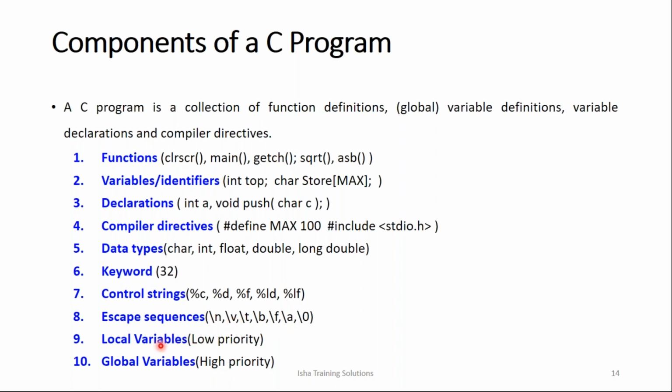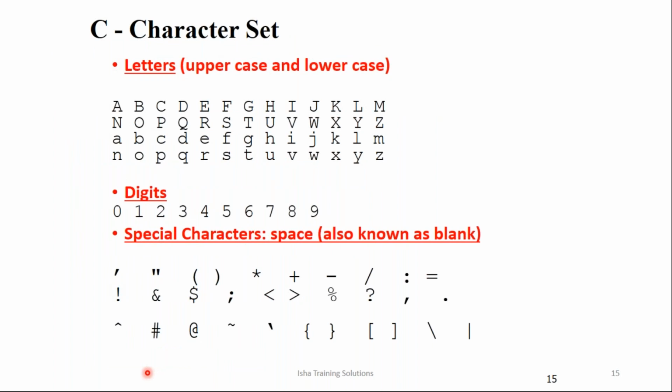Next one is local variables and global variables. C character set. The characters a C program will accept are A, B, C, D to Z, small letters a, b, c, d till z, and digits 0 to 9.